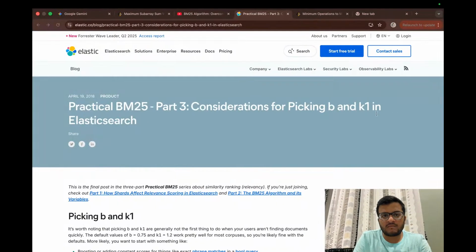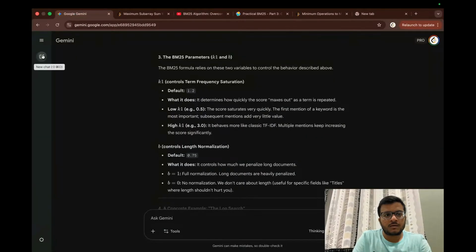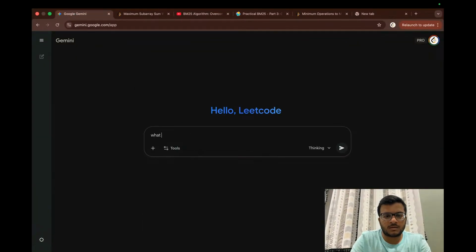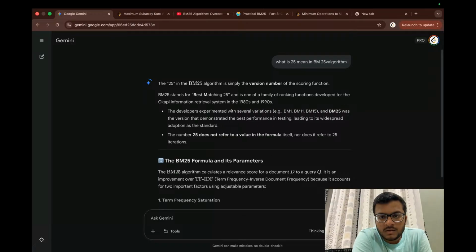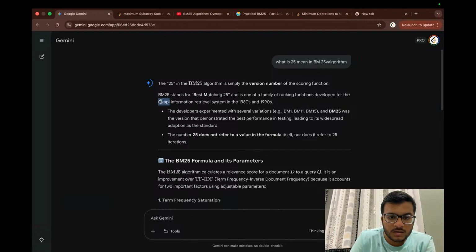But I still wonder what 25 means in the BM25 algorithm. Even I don't know. BM is best match. Version number. Okay, best matching 25, a family of ranking functions in information retrieval systems.